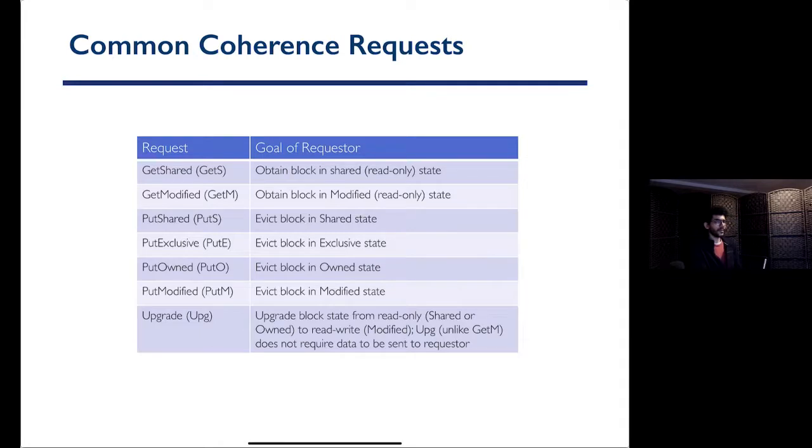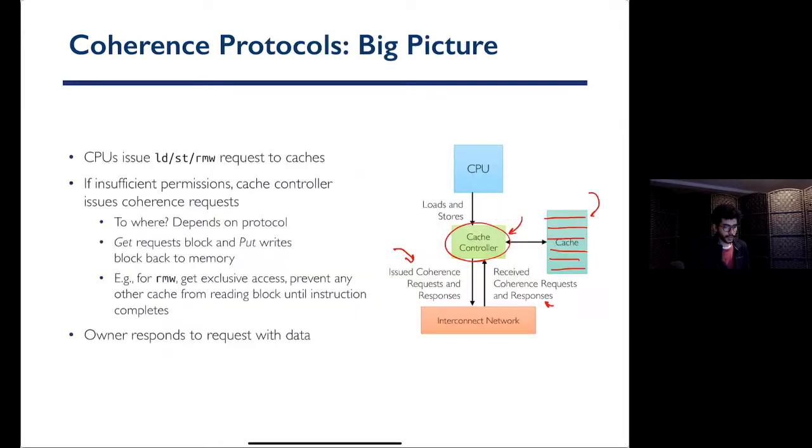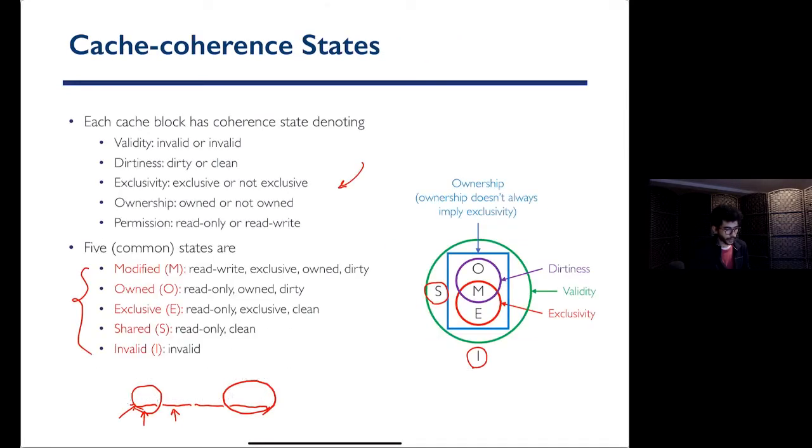I don't know how you got that idea. I'm not quite sure. Yeah, can you elaborate on this question? What do you exactly mean? Where did you get this idea that a cache is read-only but still dirty?